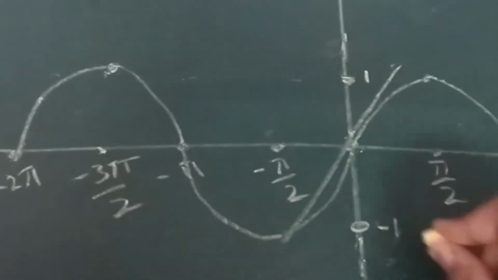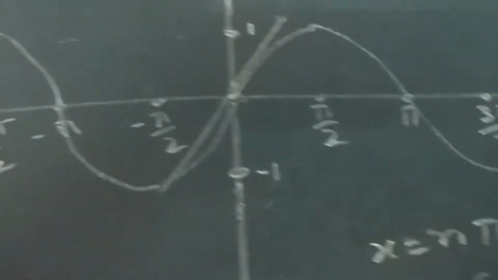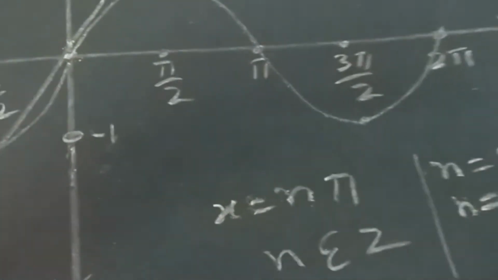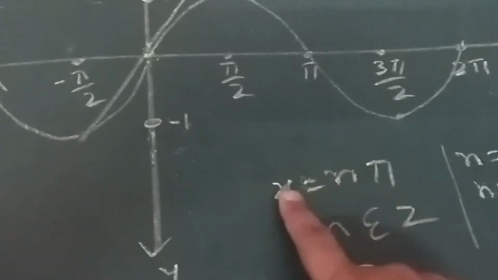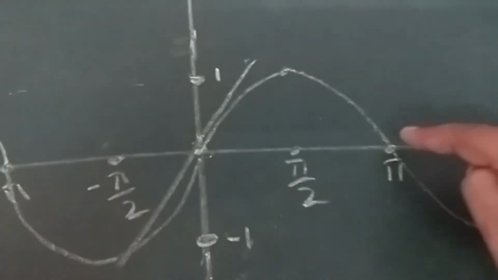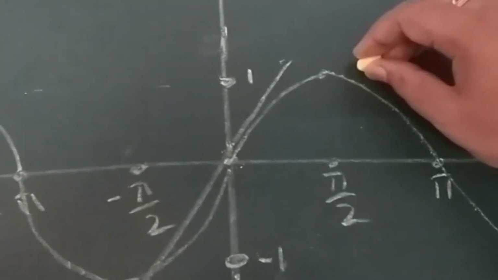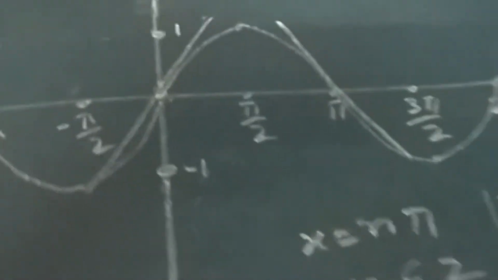Okay, drawing one tangent. Then again, if I take n equal to 1, then 1 into pi, x will be pi. That is at x equal to pi, I am drawing another tangent. Okay, like it will look like this.